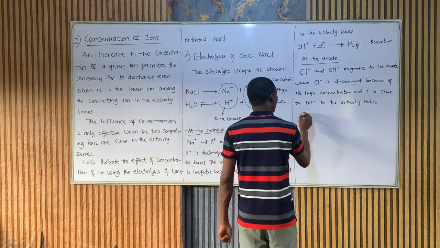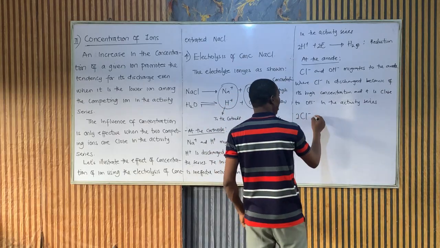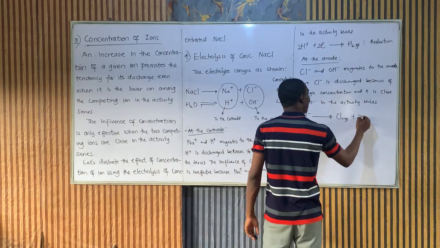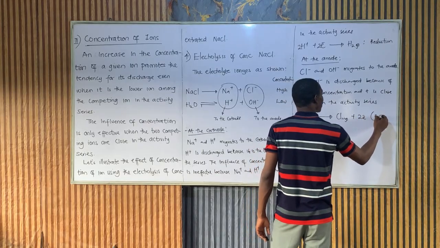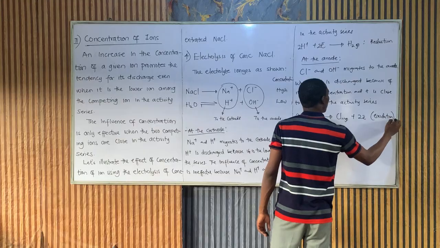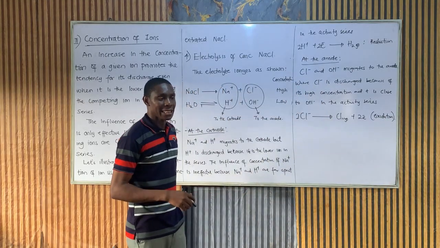So we're going to have Cl minus, because it must be a gas, so 2Cl minus gives chlorine gas and liberates 2 electrons, and this is known as oxidation. So that's that about that.